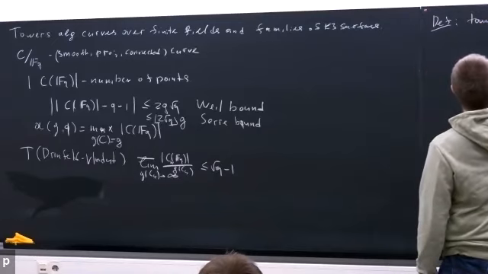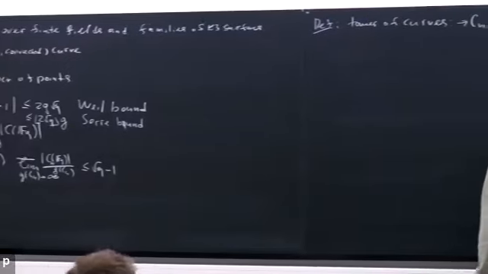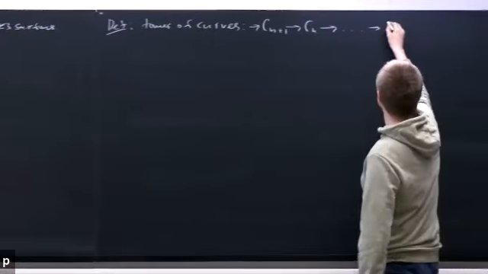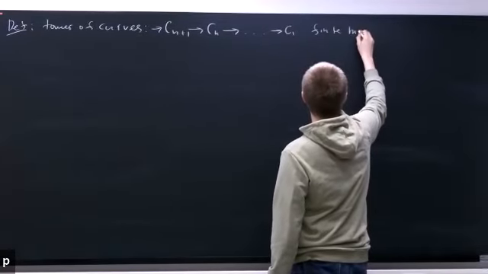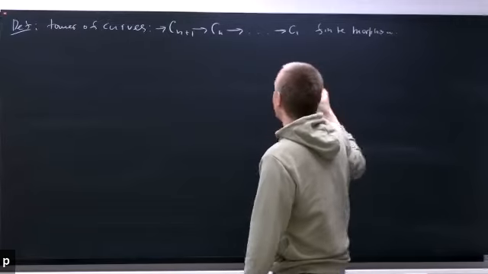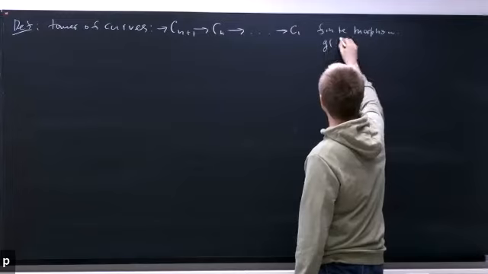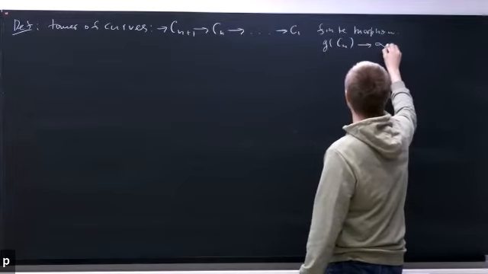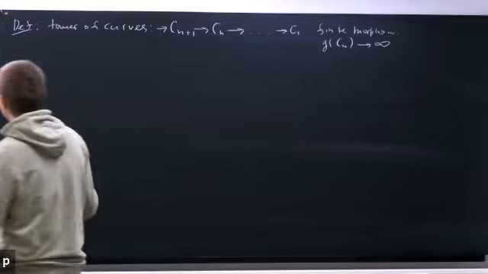A tower of curves is an infinite sequence of curves and finite maps, such that this sequence is not trivial, so let me say that the genus tends to infinity.